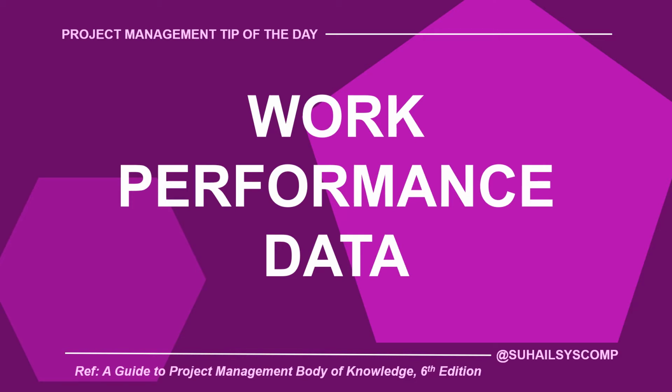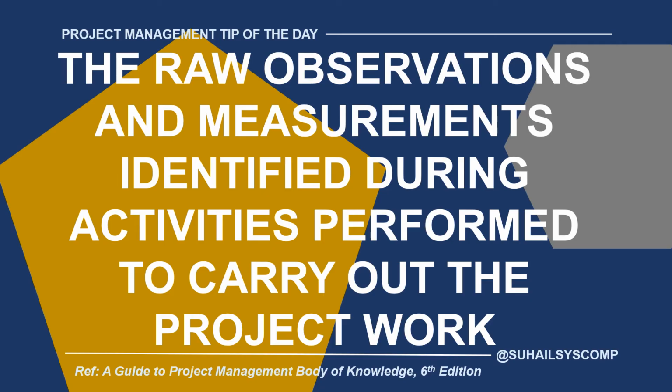First of all, talking briefly in more detail about work performance data. Work performance data is the raw observations and measurements identified during activities performed to carry out the project work, meaning it is happening in execution.